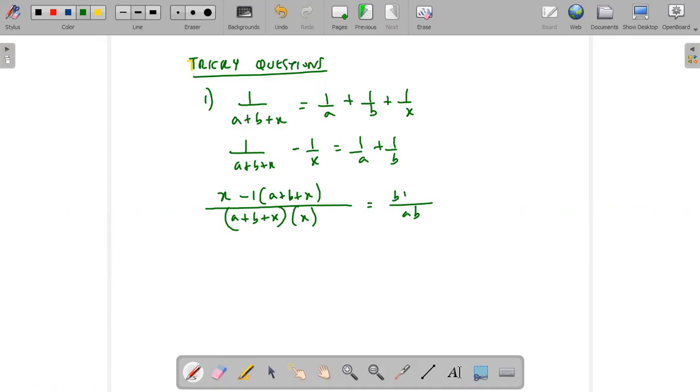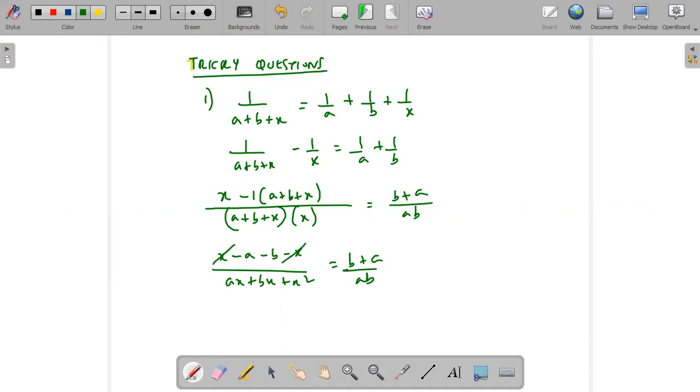So this is going to become b plus a, right? In the next step, I'm going to open the bracket. So 1 into anything is the alphabet itself, but there's a negative, so signs will change: minus a minus b minus x. Denominator I'm going to open, this will become ax plus bx plus x square is equal to (b plus a) upon ab. x and minus x will get cancelled.